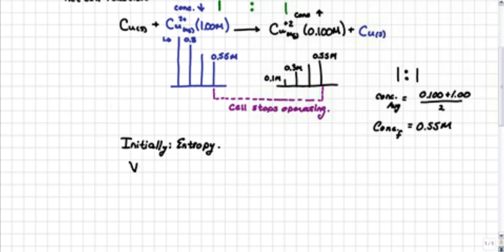Now, in one container, in volume 1, we had a solution of copper ions whose concentration was equal to 0.100 molar. And in the second container, call it V2, we had a solution of copper ions whose concentration was 1 molar.